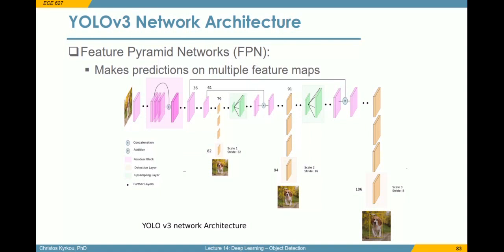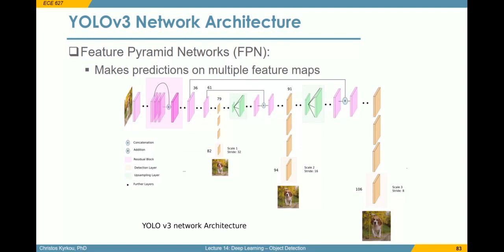And the idea is that in the higher resolution maps, early in the network, we can find smaller objects, and as we move in, we can detect larger objects. And for this, they also increased the number of anchor boxes from 5 to 9.